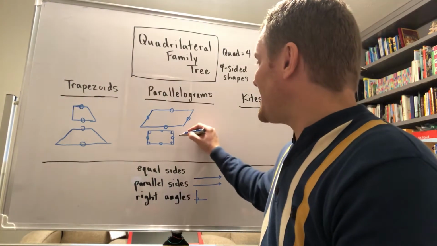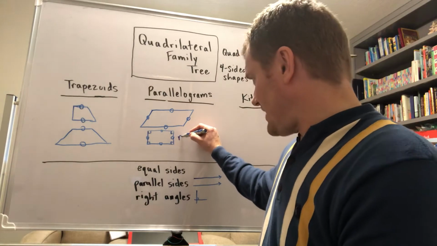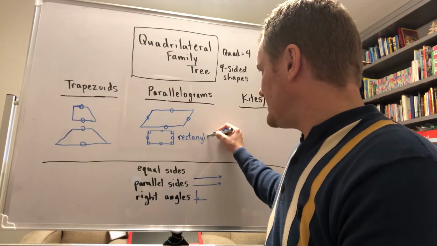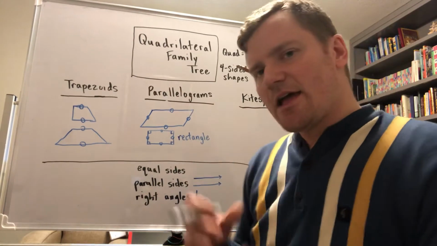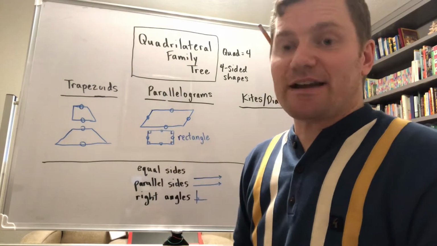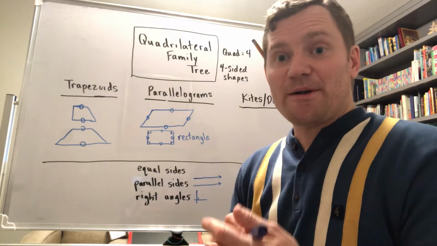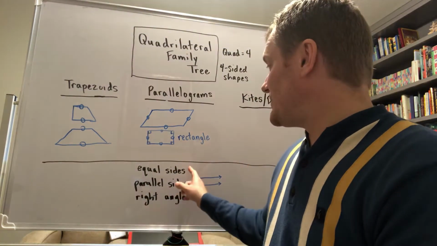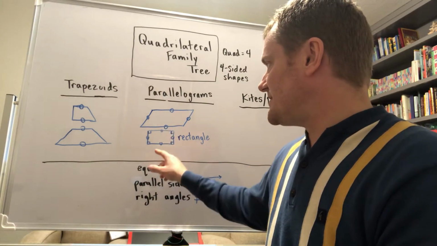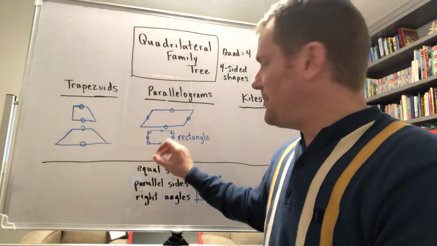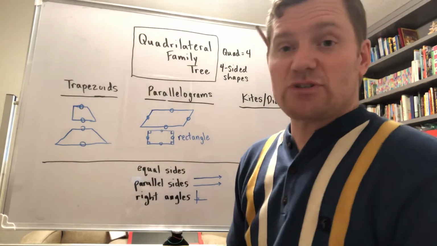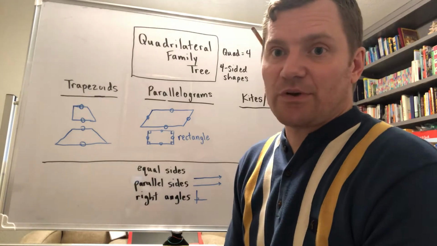Yeah, that is a rectangle. So we get a rectangle. That's like one of the kids in the parallelogram family, because those are the ones where there are equal sides here and here, and equal sides here and here. They're not all equal, but they have two pairs of parallel lines.